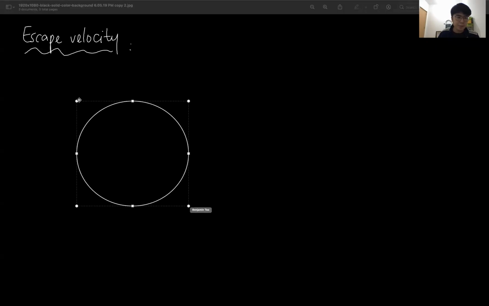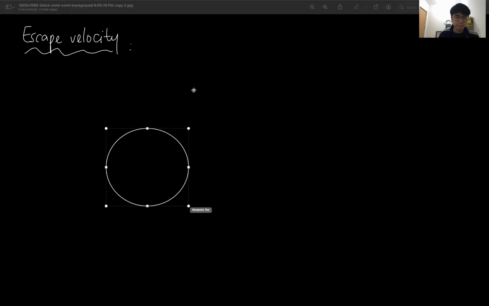Escape velocity. Now, if I launch an object from the Earth vertically up, the moment I launch it, there is a gravitational acceleration downward. That means the object is slowing down every second.